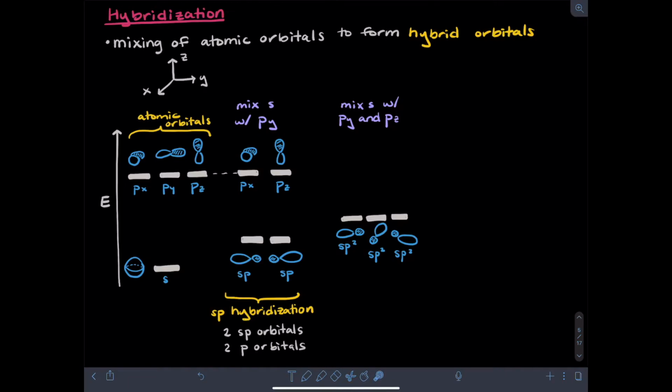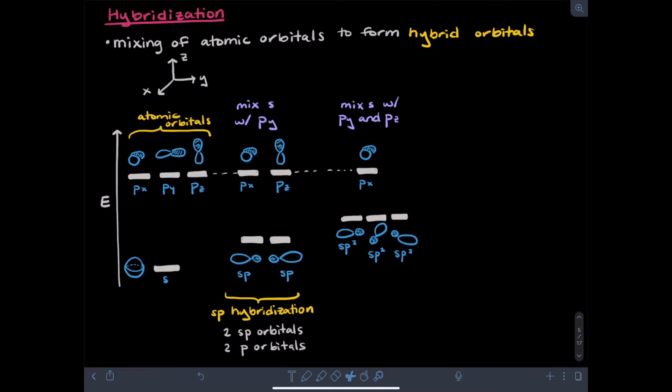Notice that as we mixed in more p orbitals in this case, our hybrid orbitals ended up higher in energy compared to our sp hybrids. The more p orbitals of higher energy you mix in, the higher the hybrid energy orbital level will get. So we've accounted for 3 of our orbitals. What about our final px orbital?